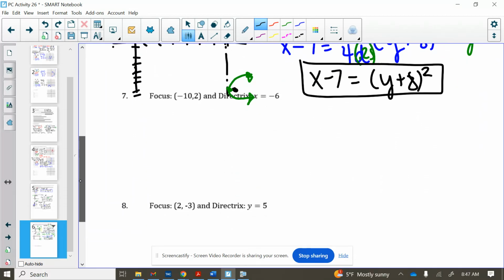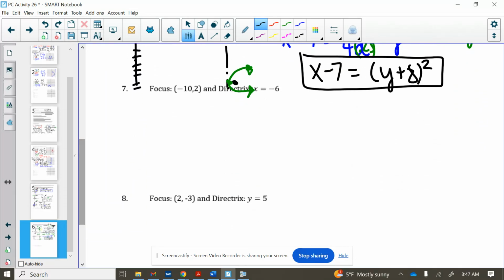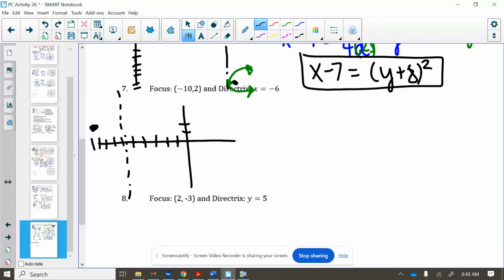All right, our last example for the day, again, gives us one focus and a directrix. This time we are all the way out at -10, 2 for the focus, and x equals -6 is our directrix here.